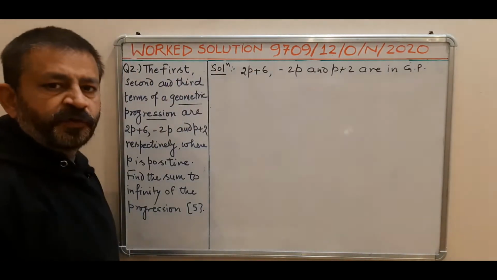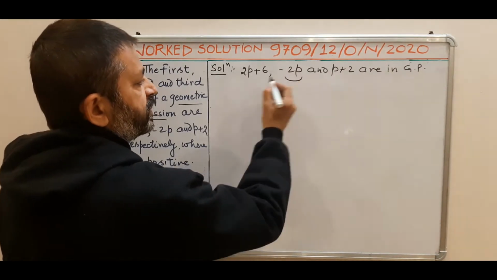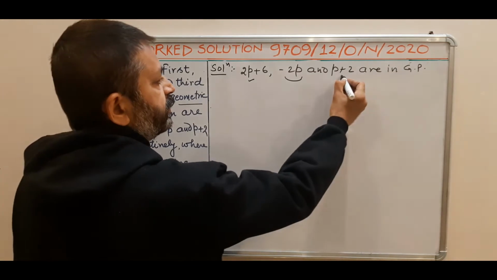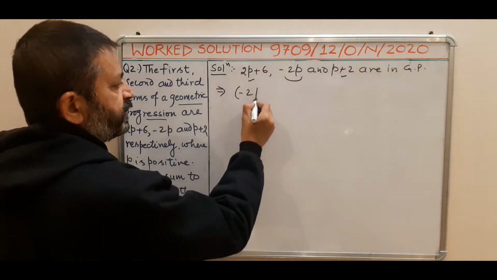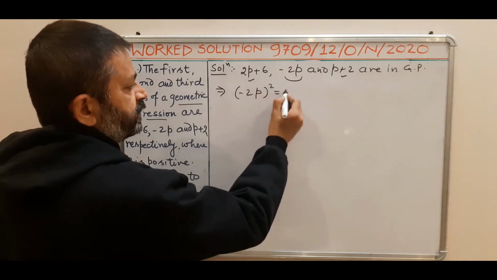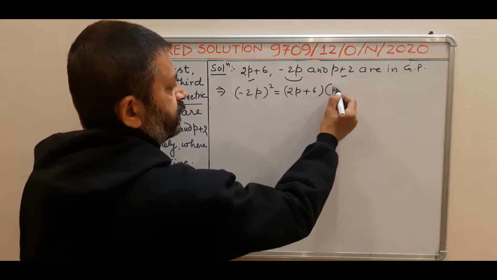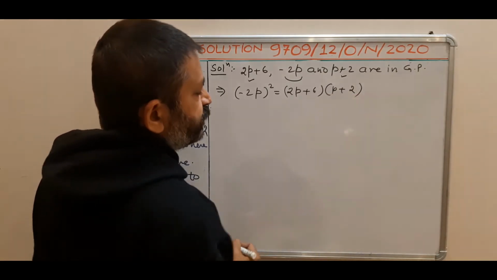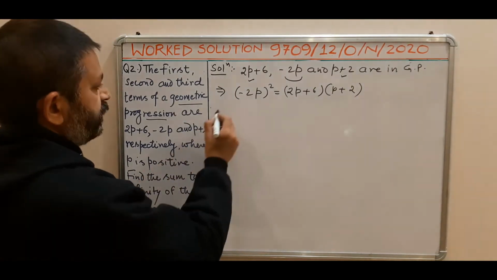So what is the condition for geometric progression? That square of the middle term must be equal to product of first and third term. So it means square of −2p is equal to (2p + 6) into (p + 2). So we'll solve this expression and we'll get one quadratic in p.